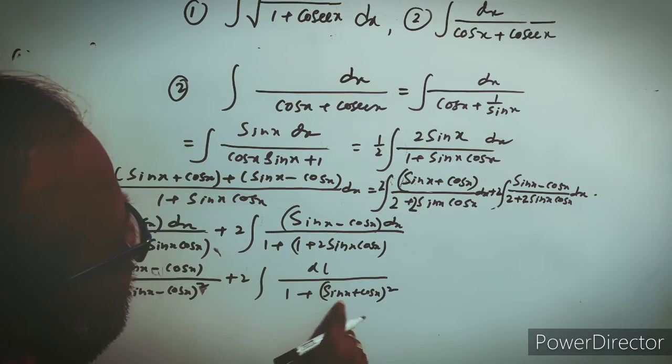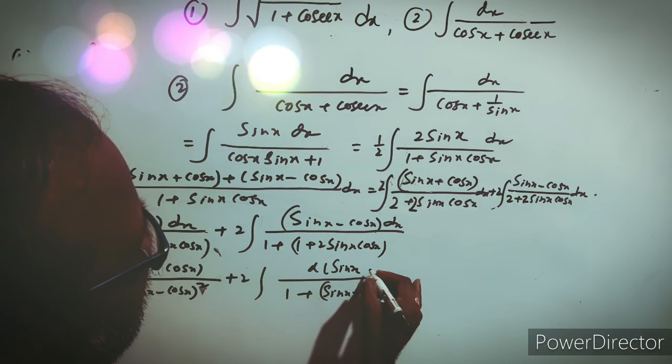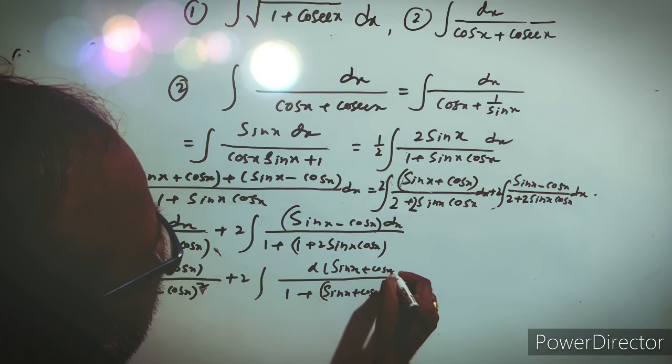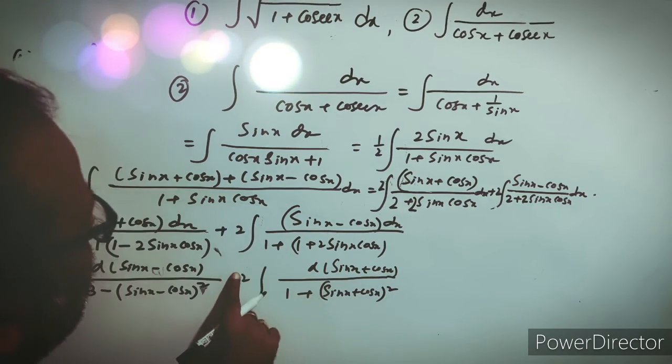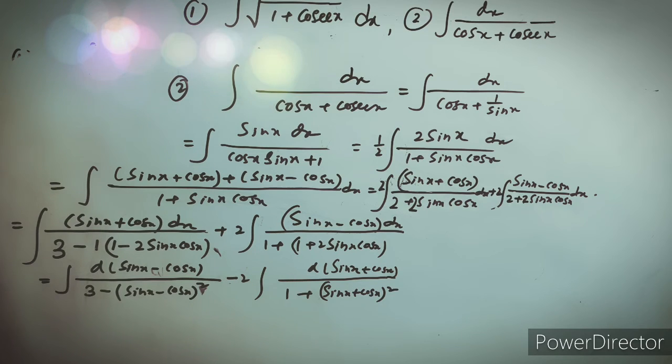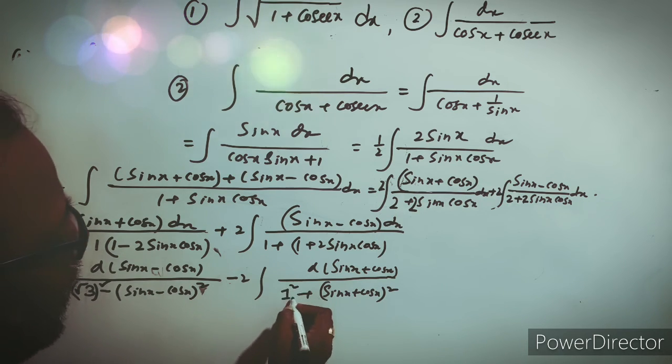If we differentiate this, we can write sin x plus cos x, then we get cos x minus sin x, so this is our minus. This format is the generalizing pattern: we can express it as root 3 whole square minus 1 square.